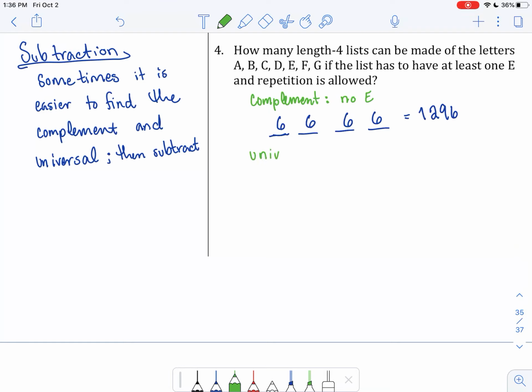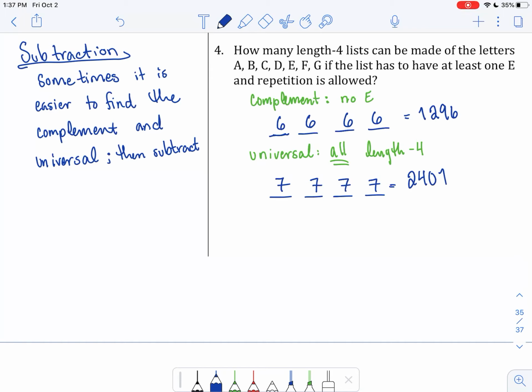Now, to find the universal set, this is just all length 4 lists of this set. And as I said, there are 7 letters here. So we've got 7 times 7 times 7 times 7, which would be 2,401 total.